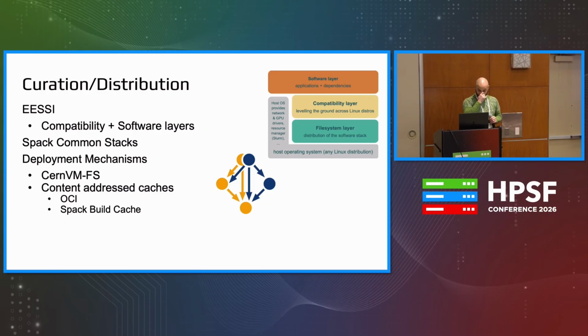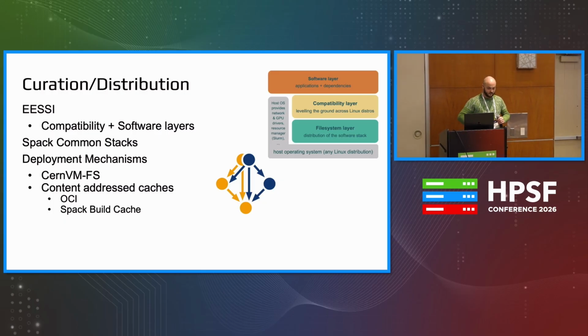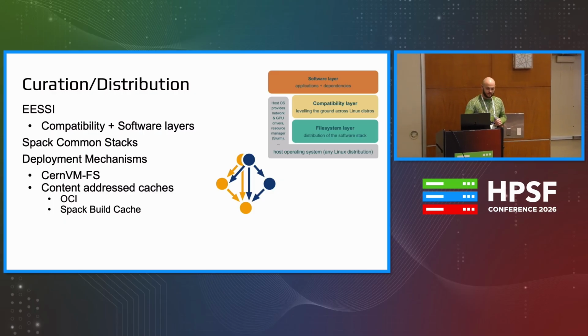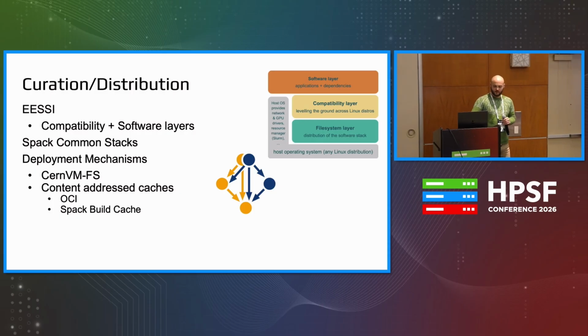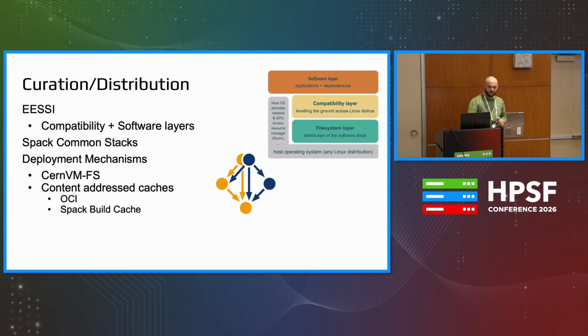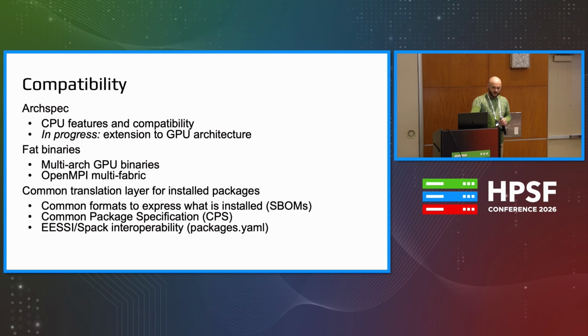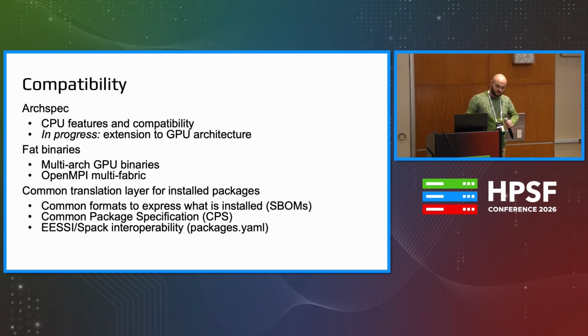So CERN VMFS, this is out of the CERN group over there, and how they distribute big data all over the place, as well as software. And then also the other content addressed caches like OCI and the SPAC build cache. We talked about those things. Compatibility, ArcSpec. ArcSpec is core to both Easy and SPAC.